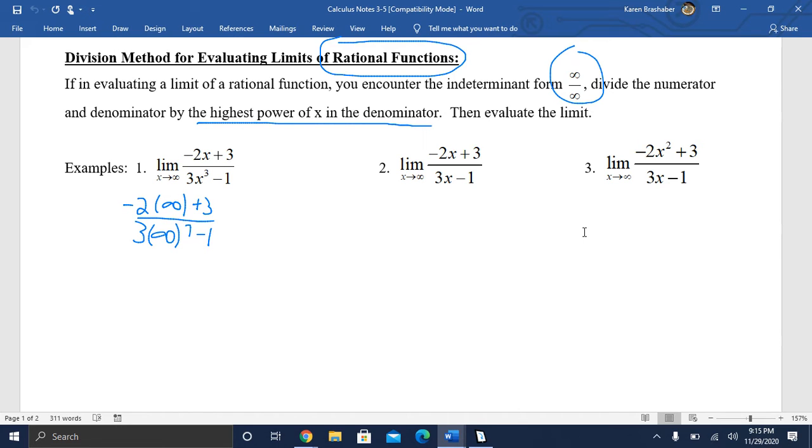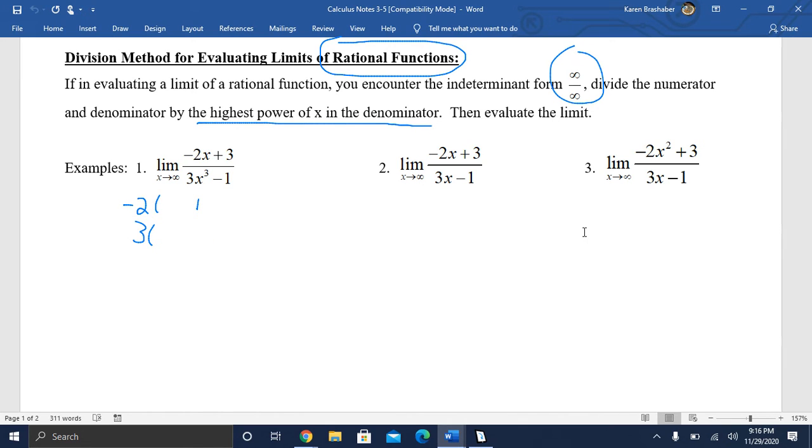Well, no matter what I do to infinity, whether I multiply it by negative 2 or raise it to a third power, I'll end up with infinity over infinity, and that's an indeterminate. So we would need to do something else with this. Since that is indeterminate, I'm going to start over.